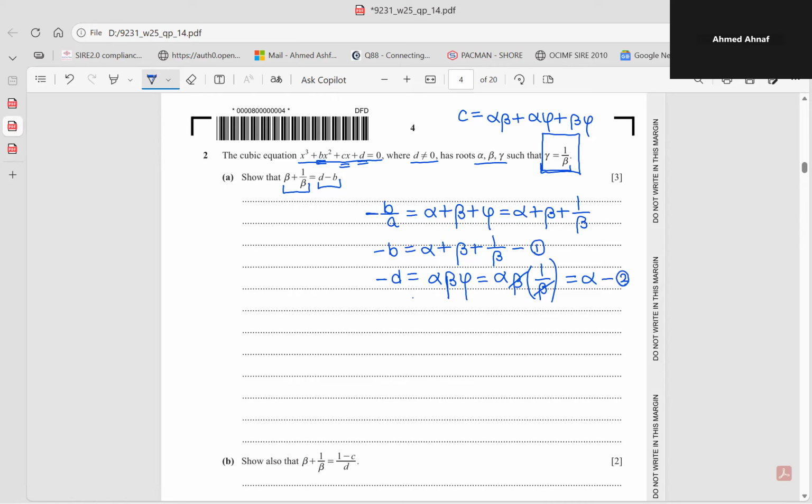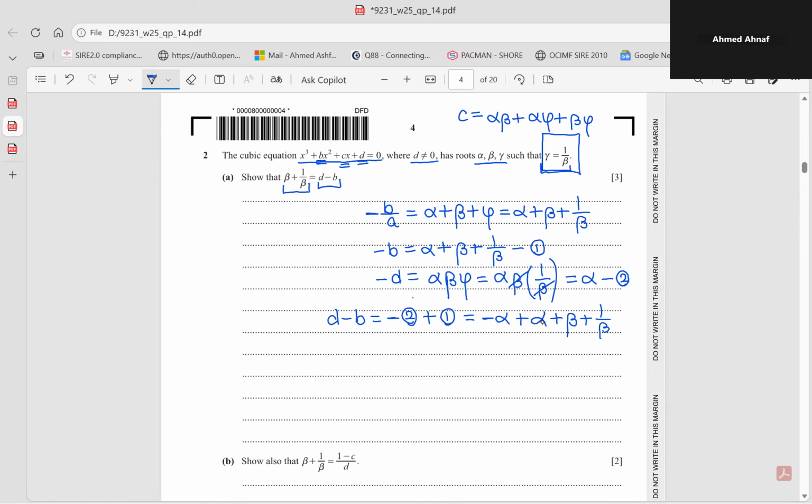And now we're going to do d minus b. So d, we can just do negative alpha, and then minus b is just plus alpha plus beta plus 1 over beta. So doing that, it gives us minus alpha plus alpha plus beta plus 1 over beta.